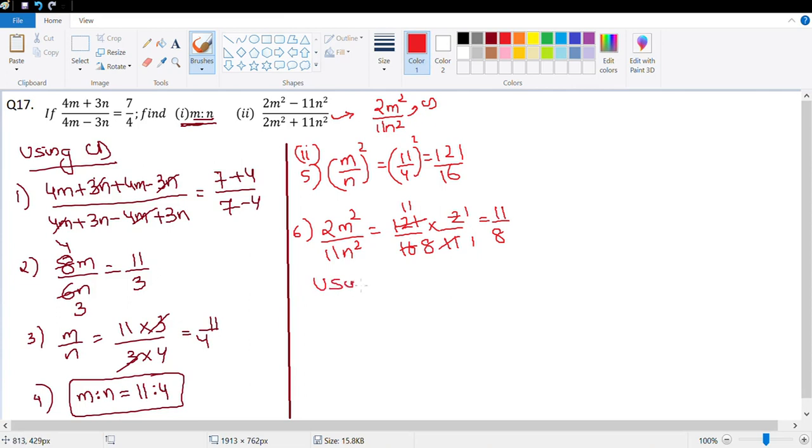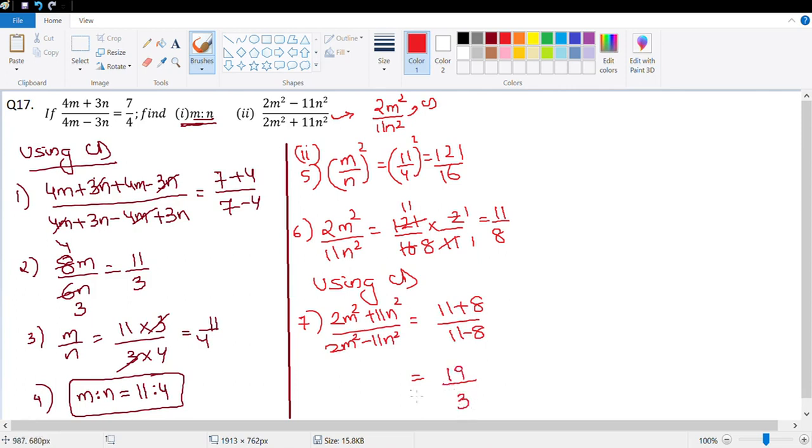Now using componendo and dividendo, we get 2m square plus 11n square upon 2m square minus 11n square will be equal to 11 plus 8 upon 11 minus 8. 11 plus 8, 19, 11 minus 8, 3.